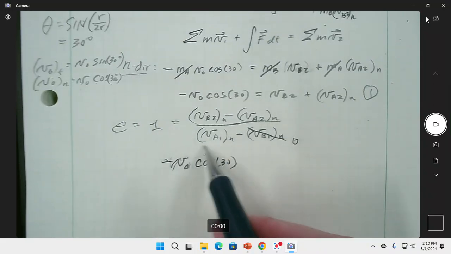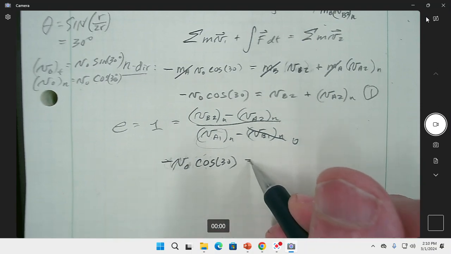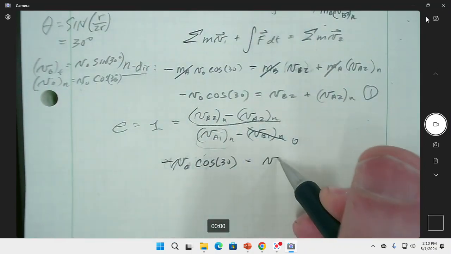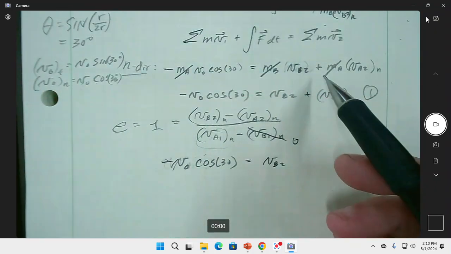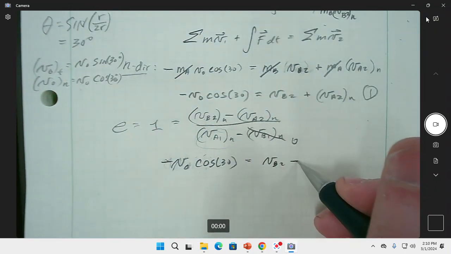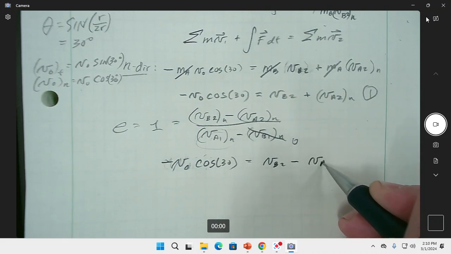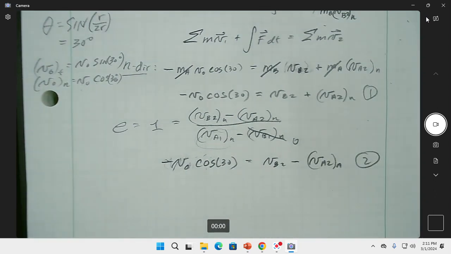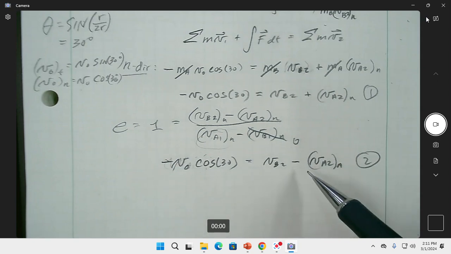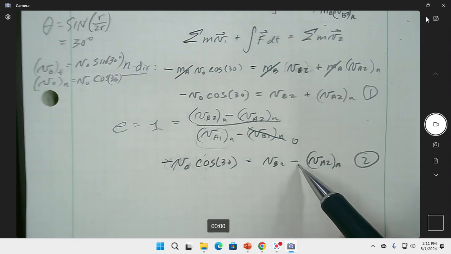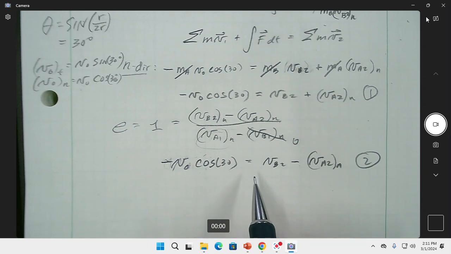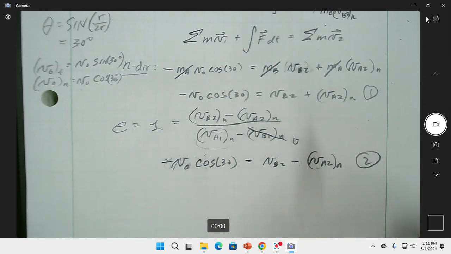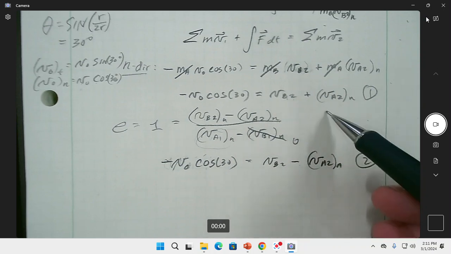So that right there is going to be equal to both of these guys, right? Now I'll turn that back, got rid of the normal to match up with this, and then minus V A2 normal. And now I have 2 equations and 2 unknowns, if I did this correctly. The difference is that negative sign right in here. The way I will approach this depends on which one I want to solve first. Do I want V B2 or V A2 first?